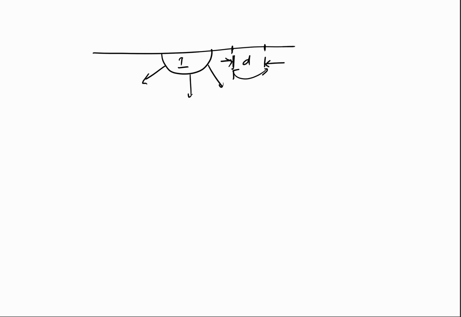So the potential difference will be delta V is equal to I by 2 pi sigma, times the distance of this point and this point.